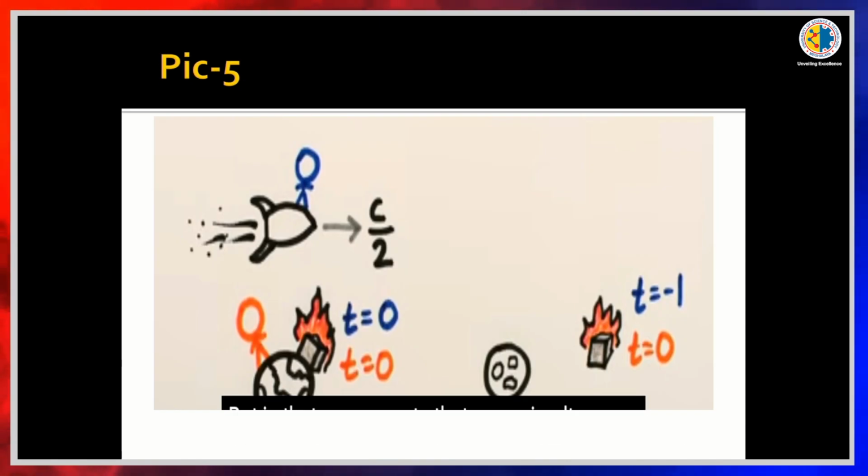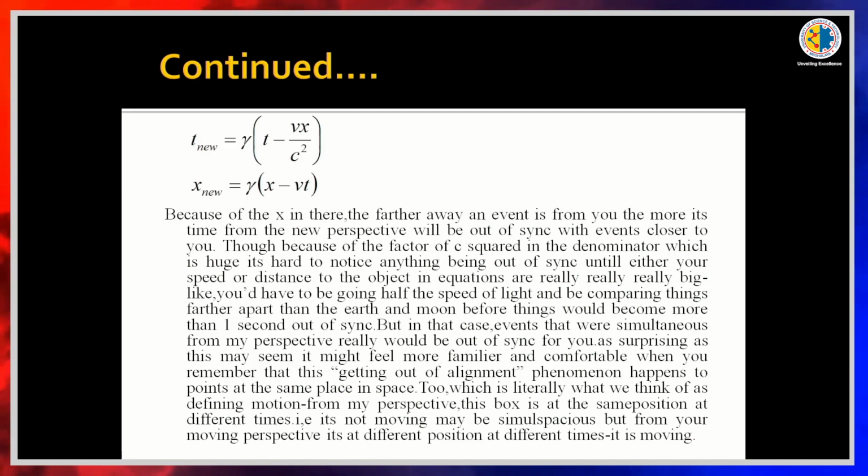See this picture. In that case, events that were simultaneous from my perspective really would be out of sync for you. As surprising as this may seem, it might feel more familiar when you remember that this getting out of alignment phenomenon happens to points at the same place in space, which is literally what we think of as defining motion.